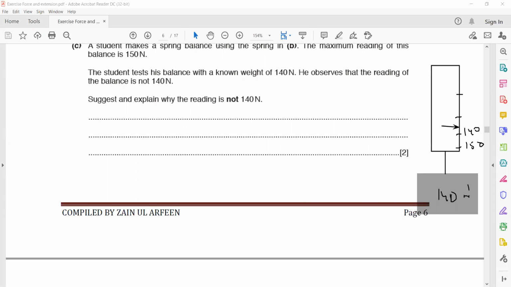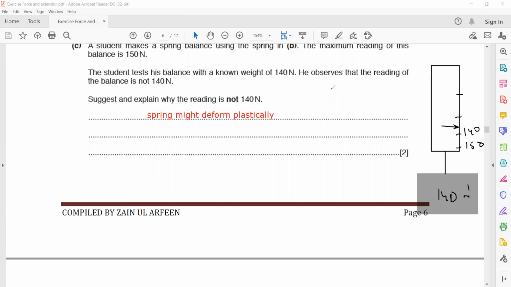The spring might cross the elastic limit and deform permanently, so the spring might deform plastically. What does it mean, might deform plastically?